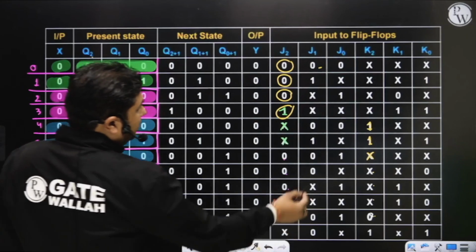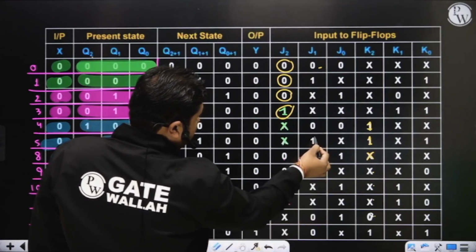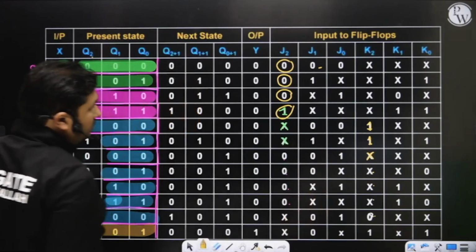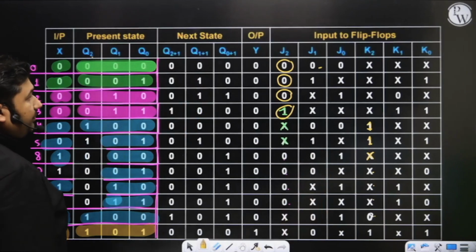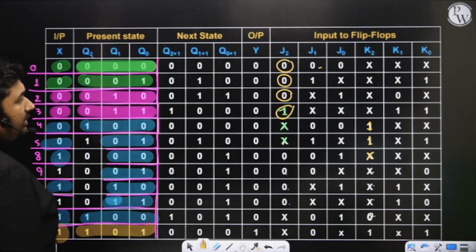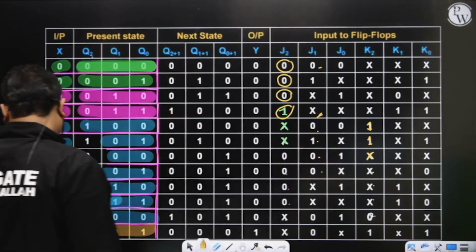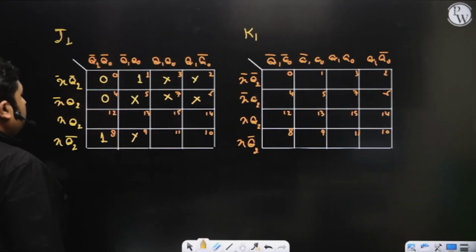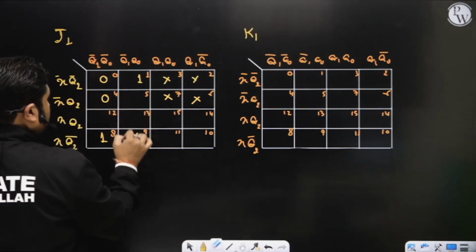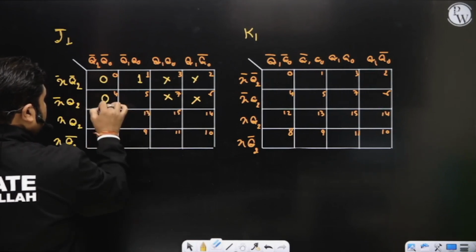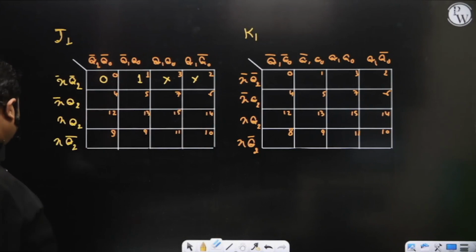Then if you observe here, okay, I made a mistake somewhere. Again 0, 1, don't care, don't care. Okay, 0 1 0 0, 0 1 0 0. Up to this part, okay.